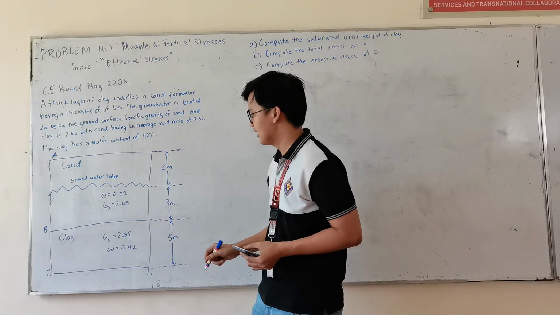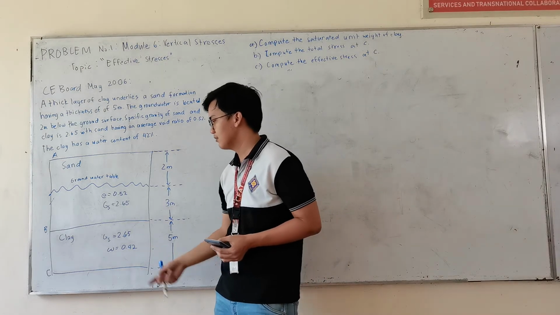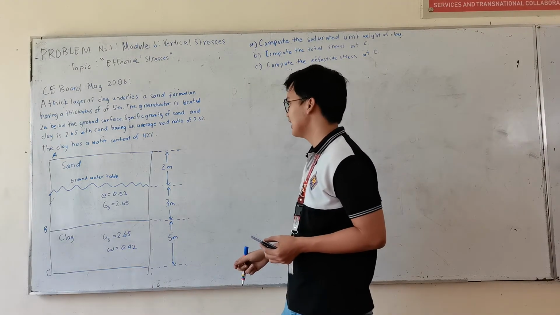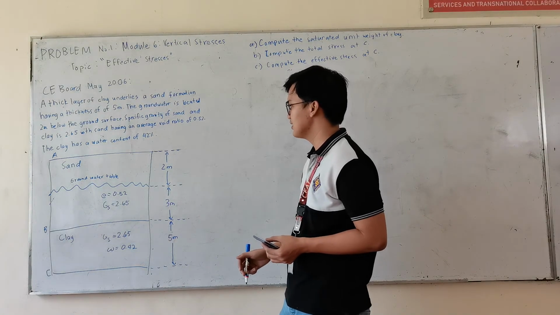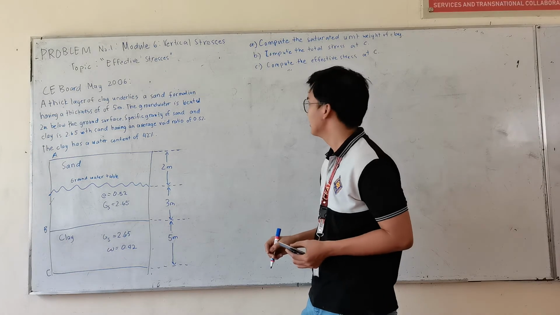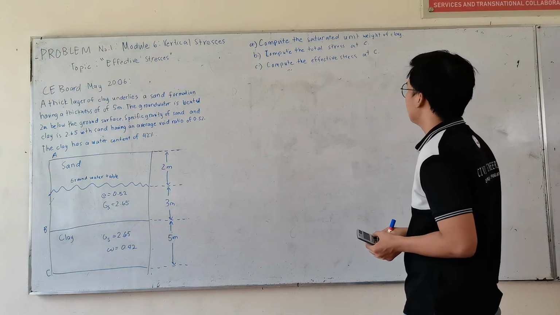So meron tayong specific gravity na 2.65, tapos meron po tayong moisture content na 42%. So ang height ng sand natin is 2 meters plus 3 meters, 5 meters, and meron din po sa clay, 5 meters. So ang pinapahanap ko sa atin is kung ano po ba ang saturated unit weight ng clay.